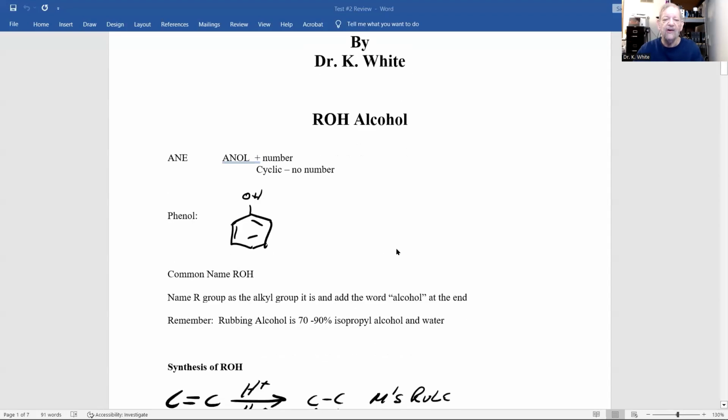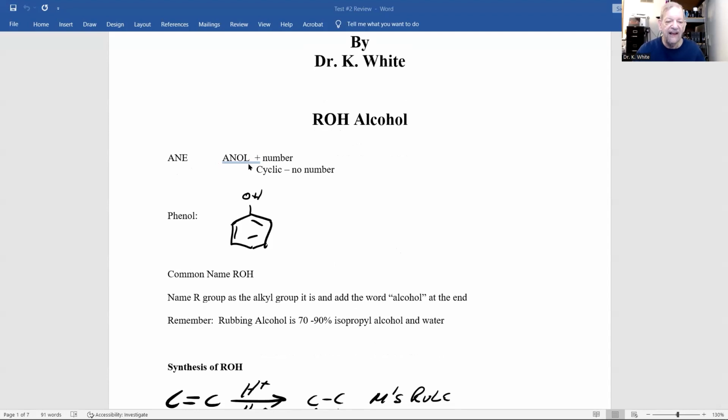All right, let's start with alcohols. And alcohols are a carbon with an OH group, hydroxyl group. How do you name them? You find the longest chain or ring with the carbon with the hydroxyl group, the alcohol. Name it as an alkane.